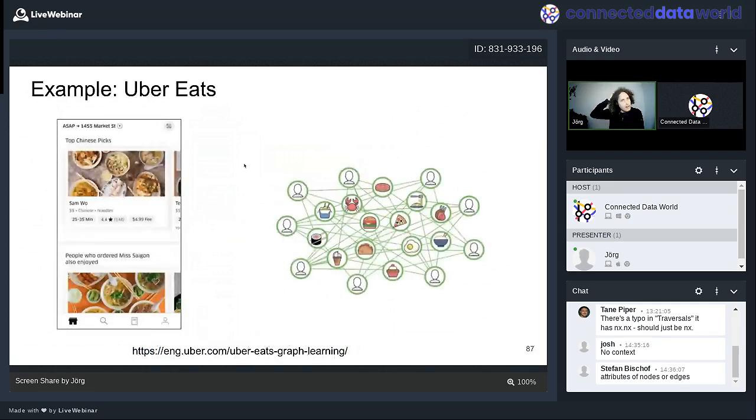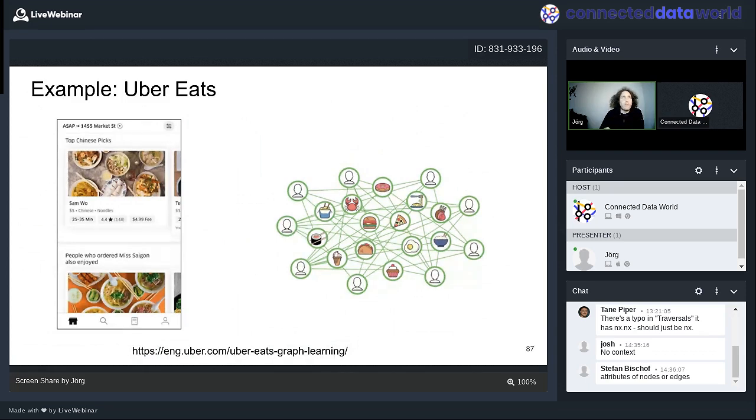One example of that would be Uber Eats. They have a quite interesting blog post on how they take this recommendation example we saw earlier with movies to the next level. They pretty much want to give you examples of what you might want to order, or from which restaurant you might want to order.